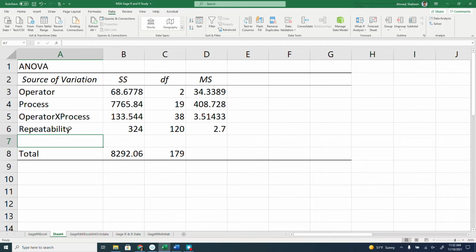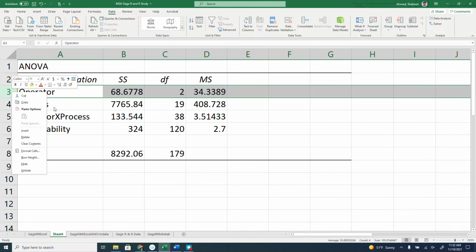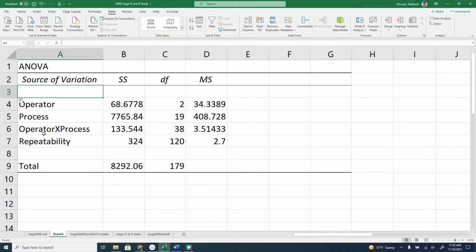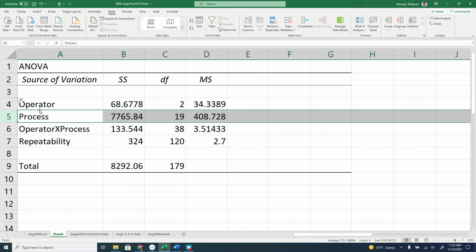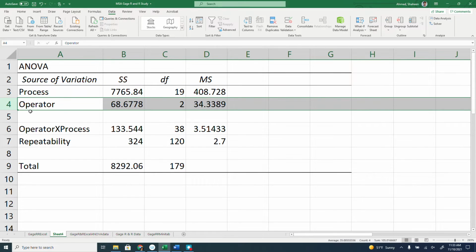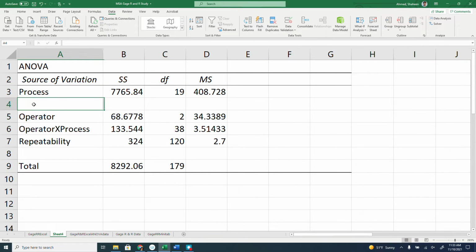So I'm going to add one row maybe. We can move the process up right there, and I will move this down. This is our reproducibility. Can the operator reproduce the measurement?